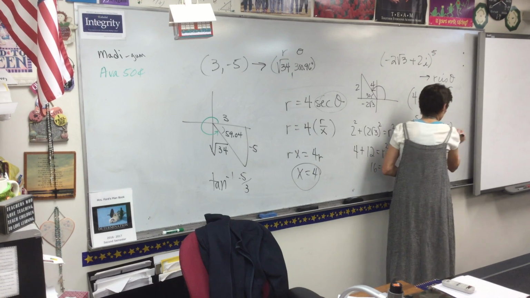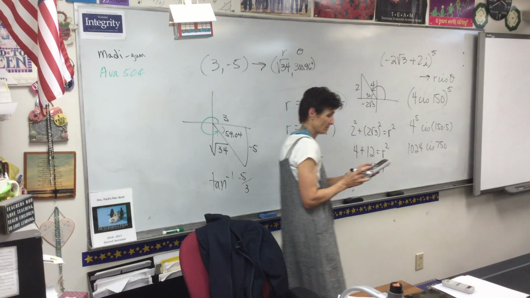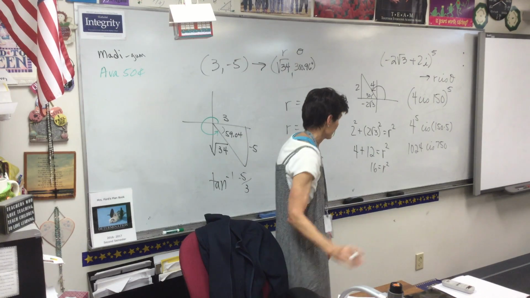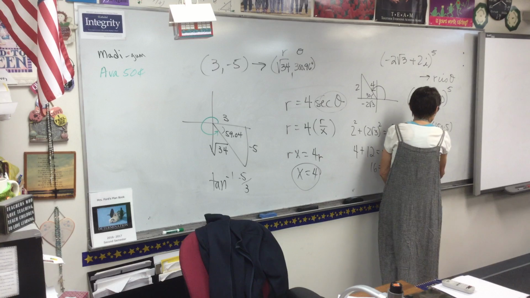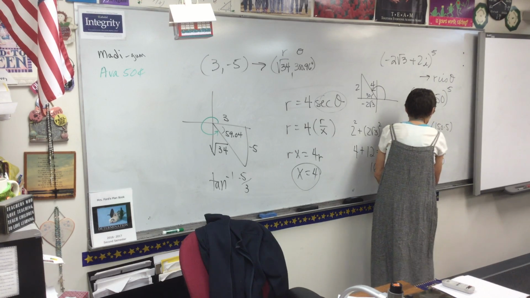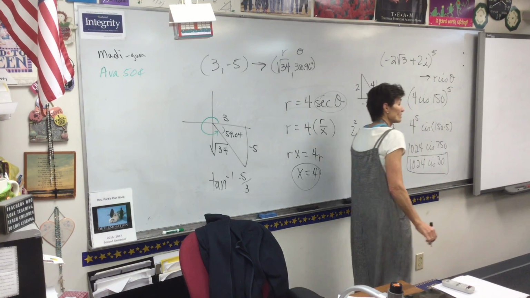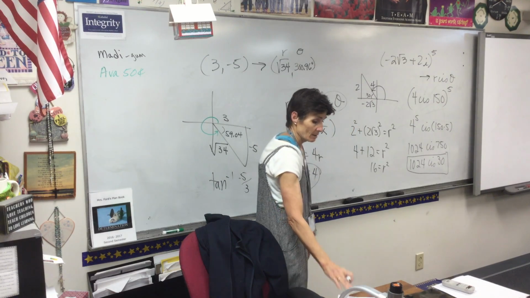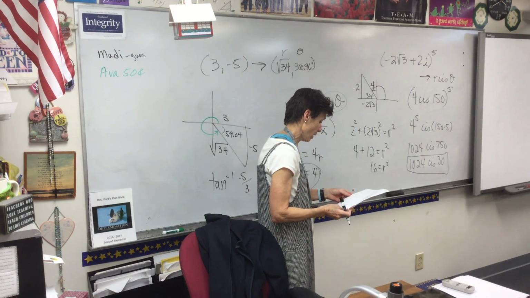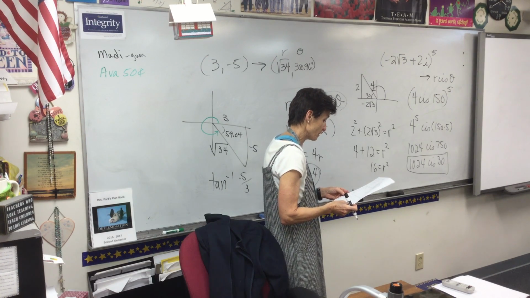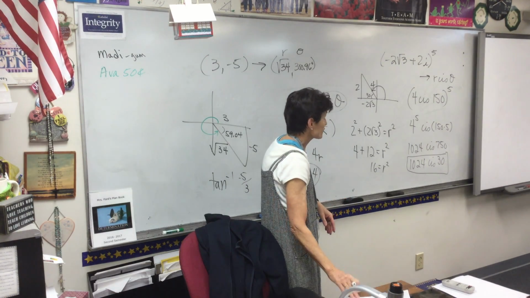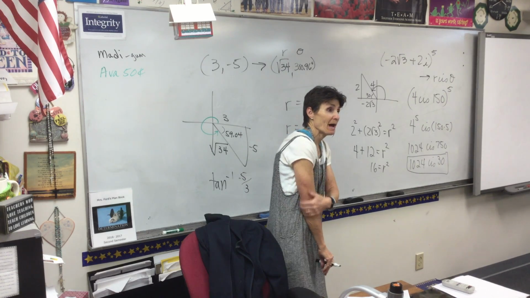And this would be 750, which is too big of a number. So it comes down to 30, and that's what you put in the answer. Okay, 2-part process. Step 1, what's step 1? Graph it, change it into polar form. Step 2 is then do the power.